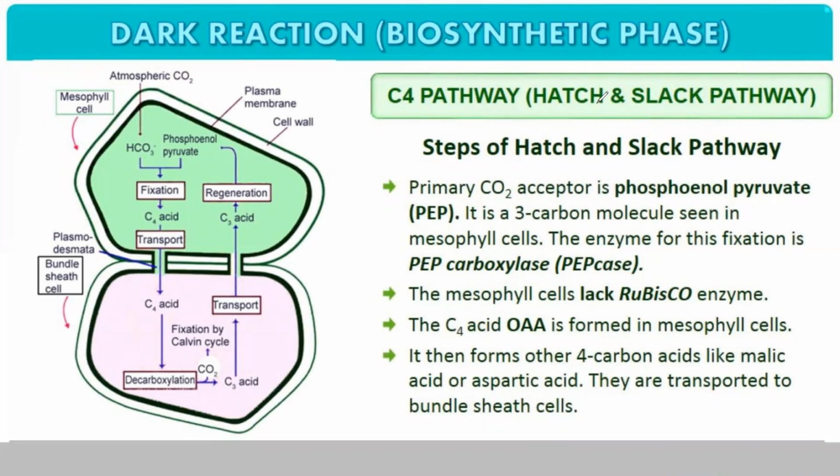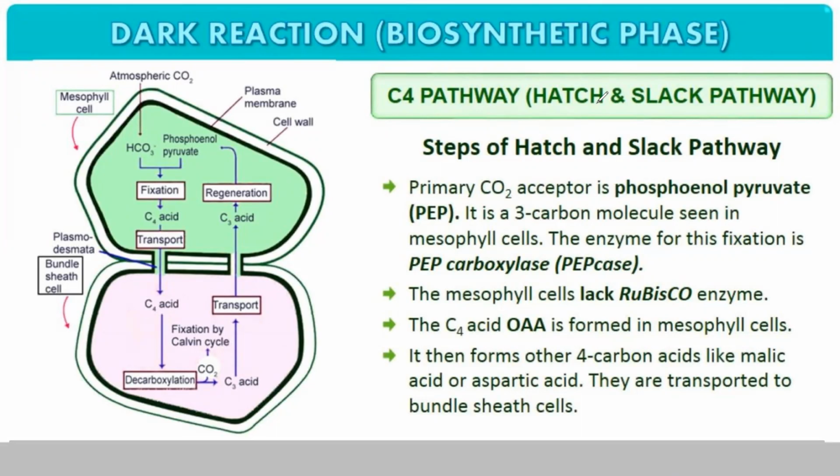It is a 3-carbon molecule seen in the mesophyll cell. The enzyme for this fixation is PEP carboxylase. The mesophyll lacks the Rubisco enzyme. The C4 acid, which is oxaloacetic acid, is formed in the mesophyll.